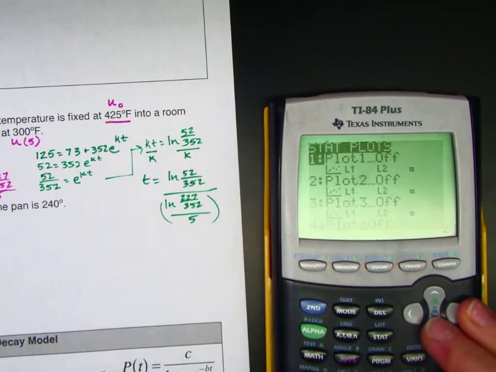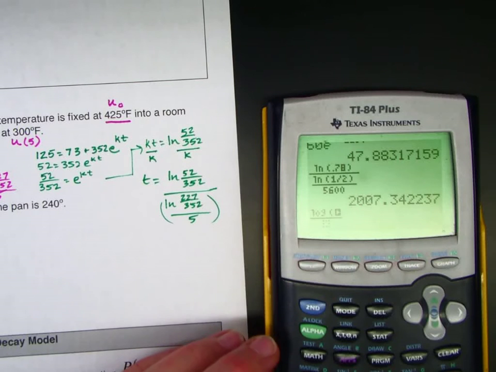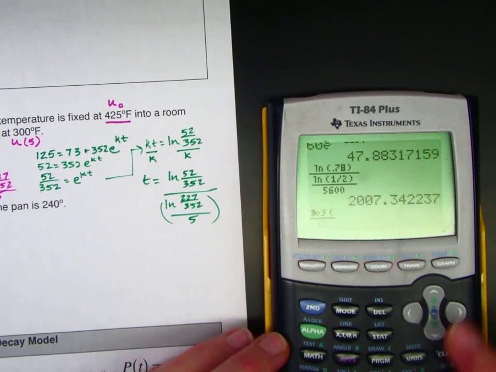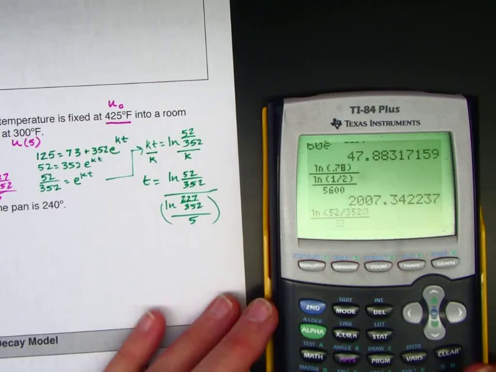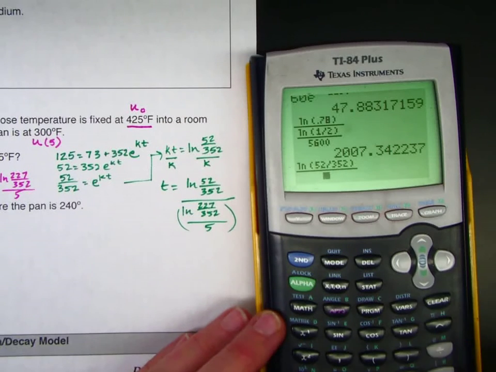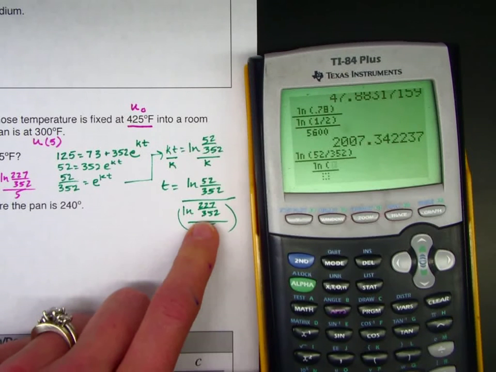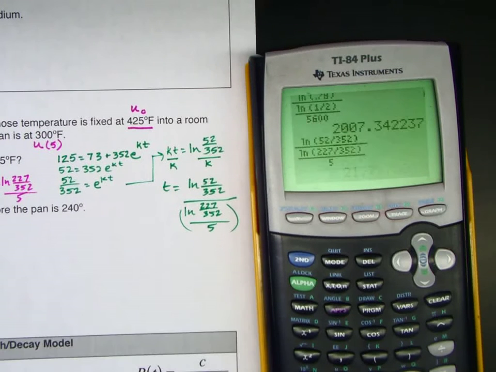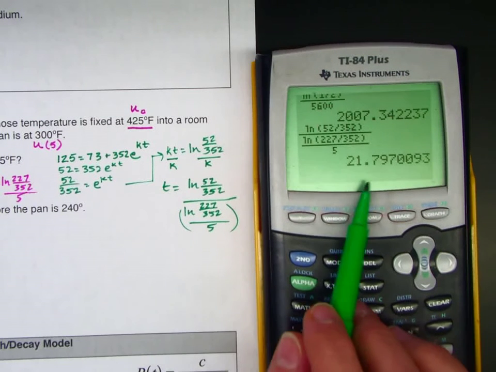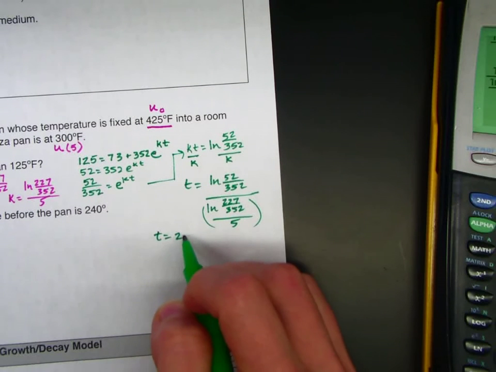All right. So on top, we have the natural log of 52 divided by 352. And on the bottom, we have another quotient. So that is the natural log of 227 divided by 352, over 5. And then you get about 22 minutes it takes. So t equals 22 minutes.